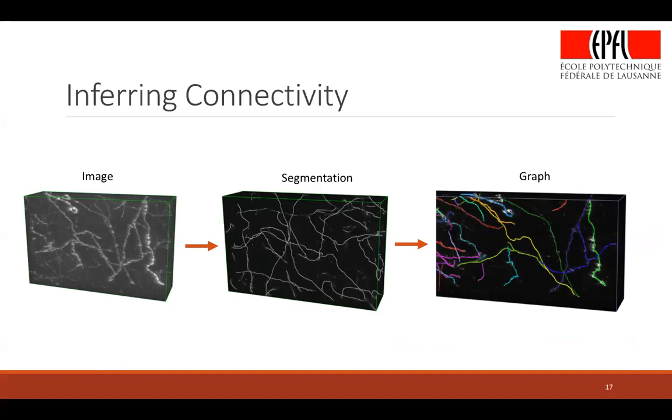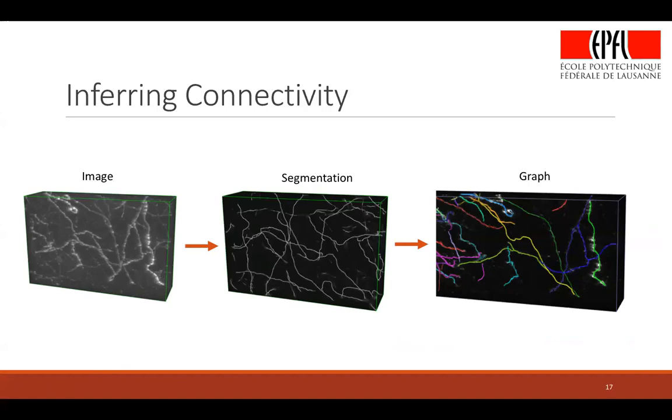So far I was talking about the first step of our detection pipeline, which is segmentation, and now let me talk about inferring the final connectivity of the network. This is very important in some applications, such as neuroscience.